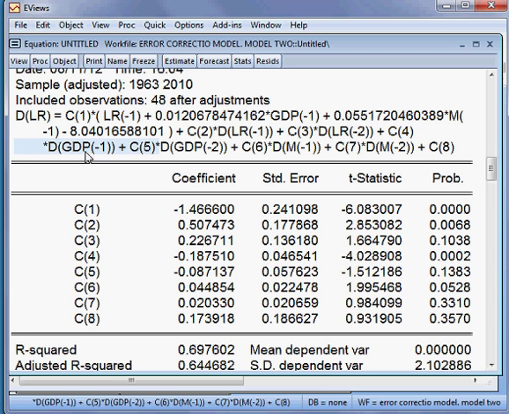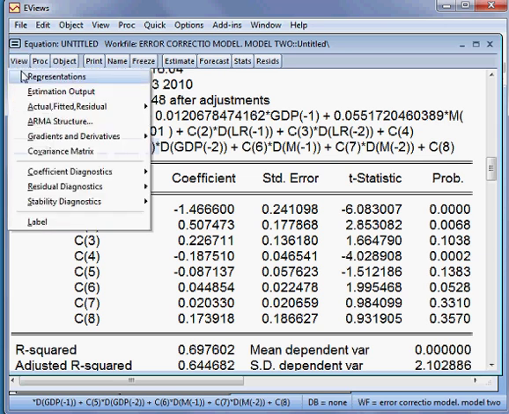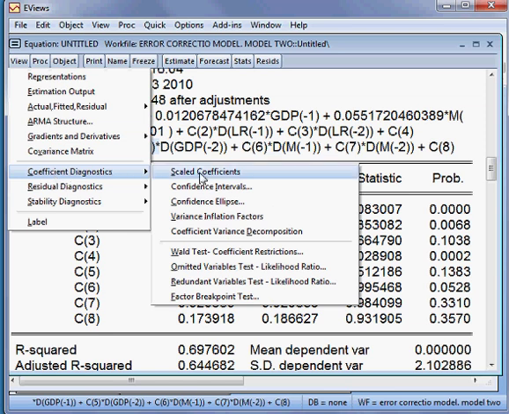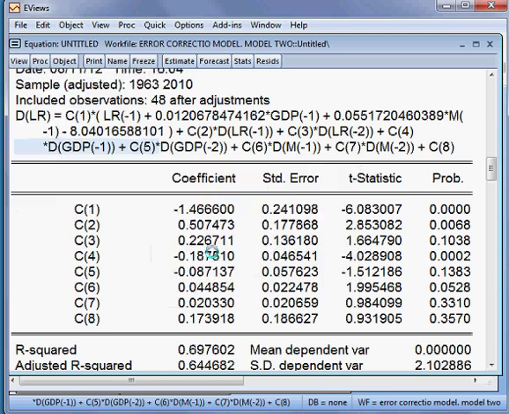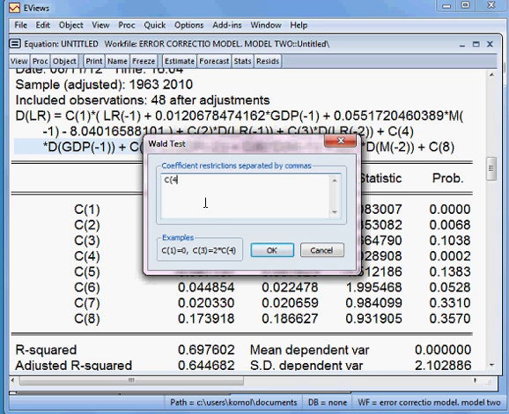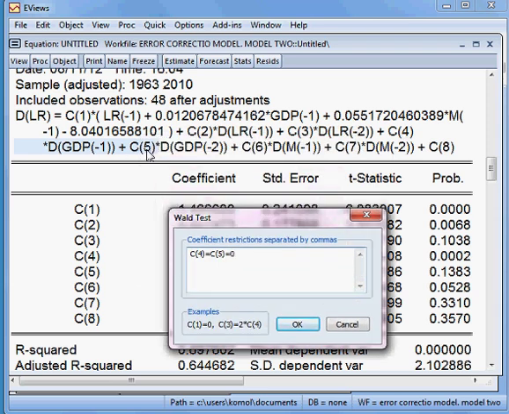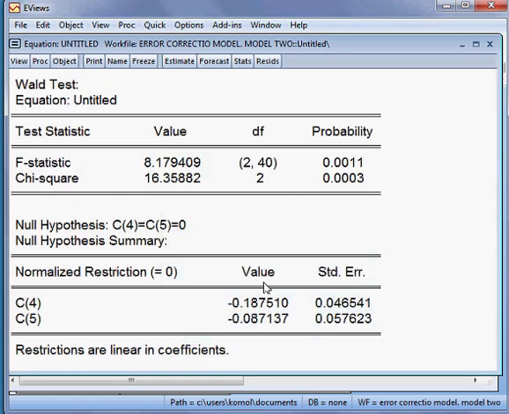I go to View, Coefficient Diagnostics, then Wald Test. I put C4 and C5 equal to 0 jointly, which are GDP1 and GDP2. I press OK.